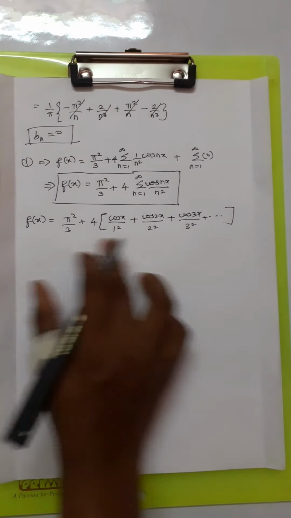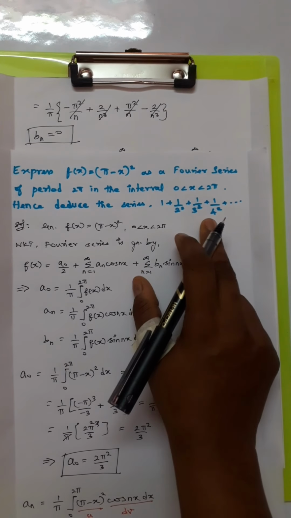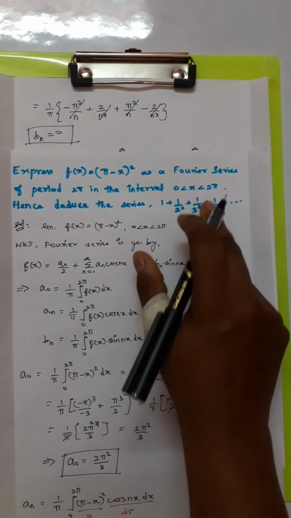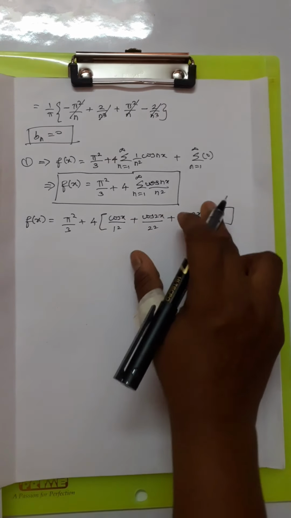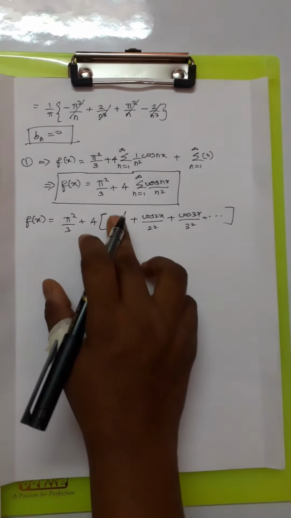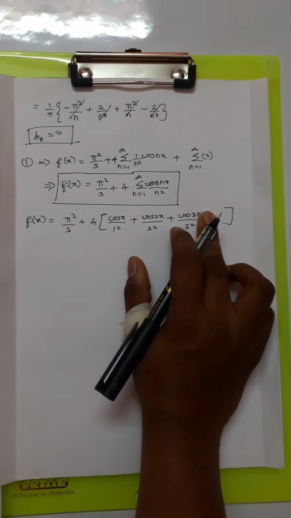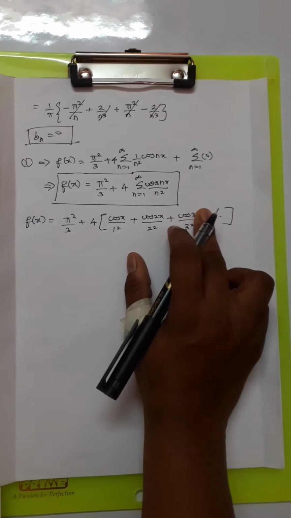Now comparing this along with the given series in the question. It is just 1 by 1 square, 1 by 2 square, 1 by 3 square, etc. Whereas here also we have the same terms, 1 by 1 square, 1 by 2 square, 1 by 3 square, but along with that, we also have the cos terms, cos x, cos 2x, cos 3x, etc. So we have to make those cos terms as 1.